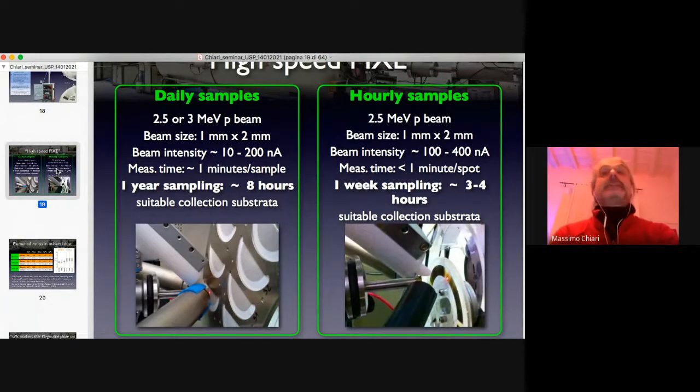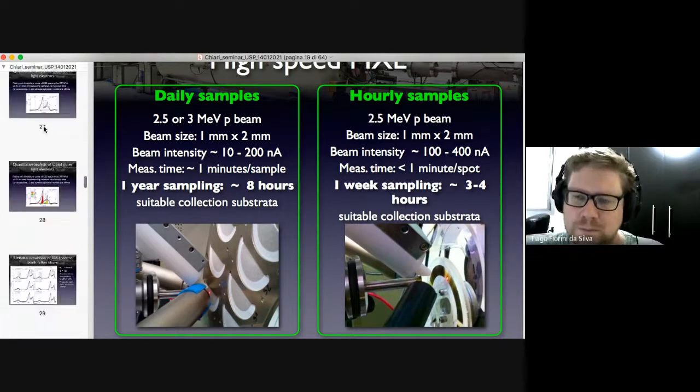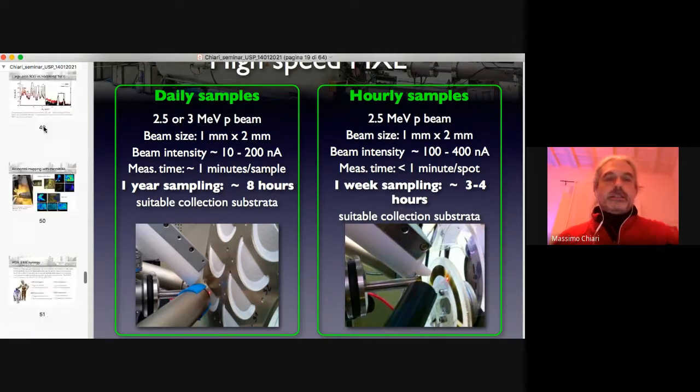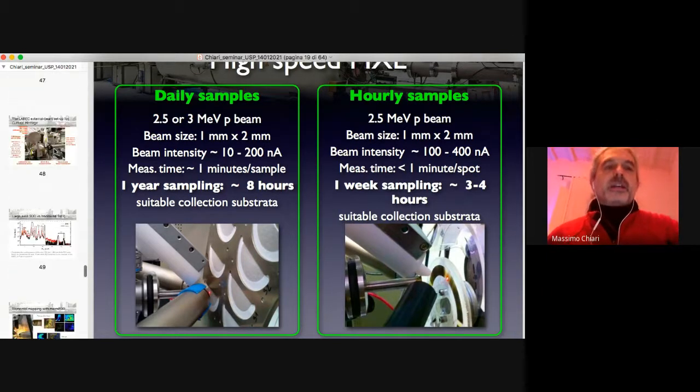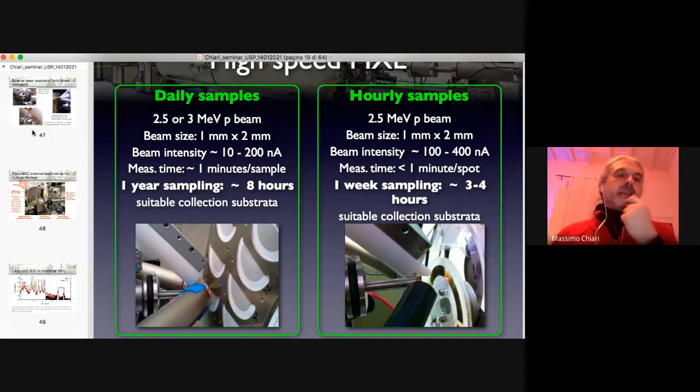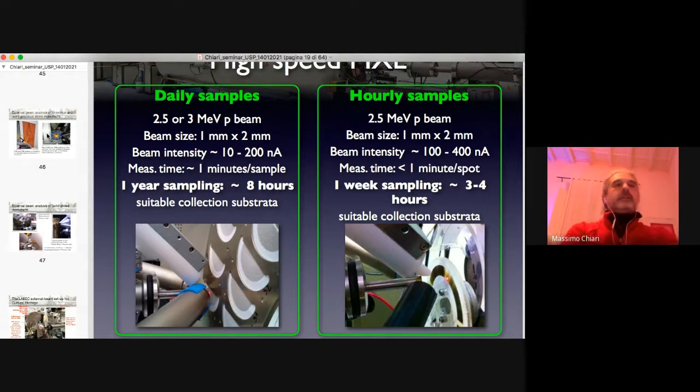RFQ is a high intensity machine, so the problem is to reduce the beam. I mean, we are not diving into the dark, because there is an RFQ with 3 MeV in a laboratory near Rome of another research agency, called ENEA, where I have done some tests of PIXE measurements using pulsed proton beams to check that a pulsed beam with such a high average peak current could indeed be feasible for PIXE measurements.